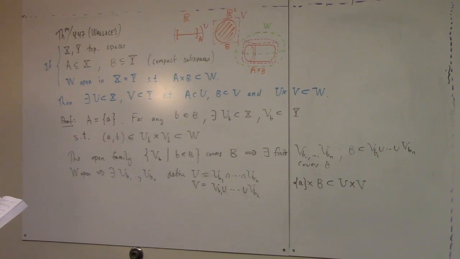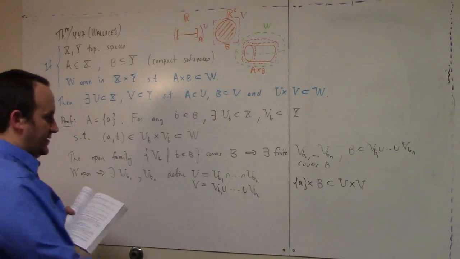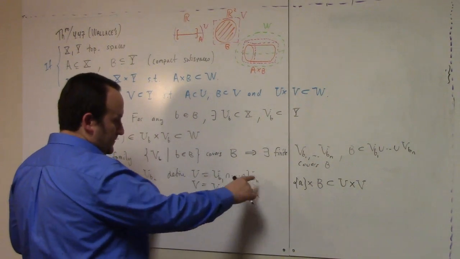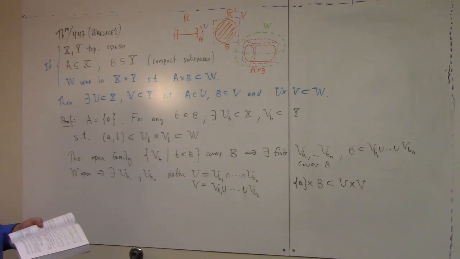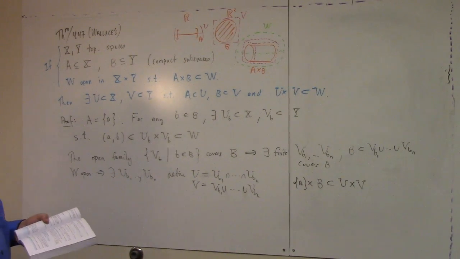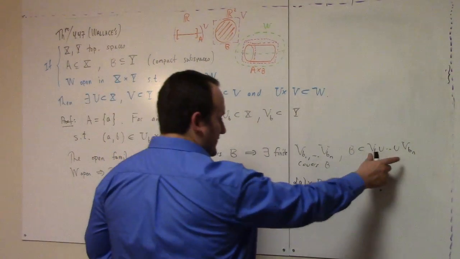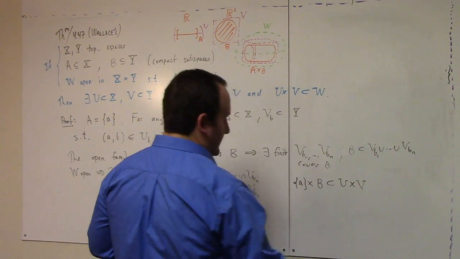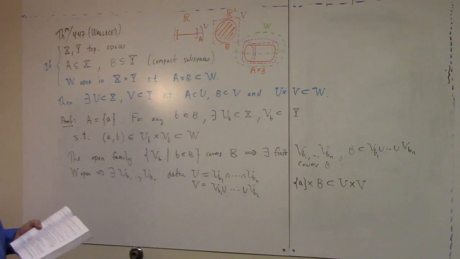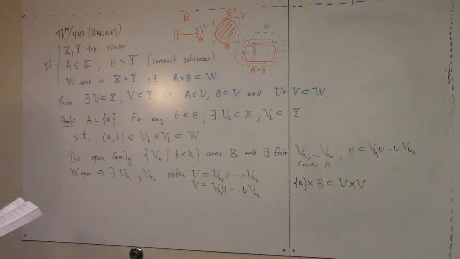Let's see here. A is in every single last one of these, so it's in the intersection by construction. And B is covered by all of those, so B is a subset of the intersection. So we have what's needed for both components of the Cartesian product, by component-wise thinking, which is, after all, how the Cartesian product is defined.